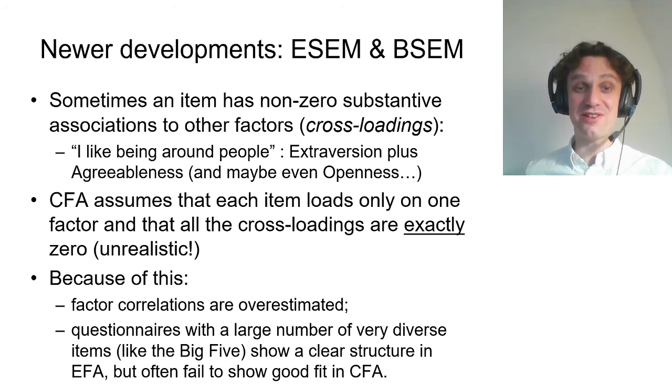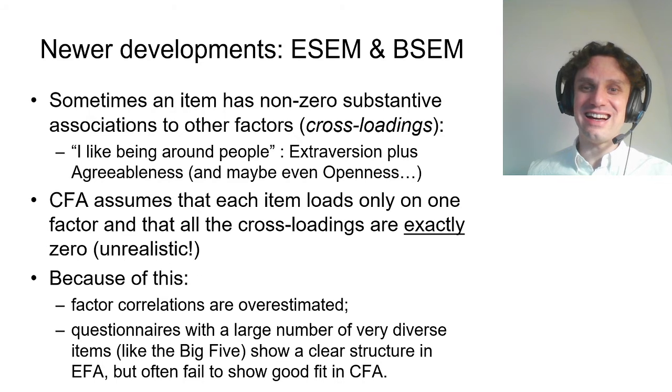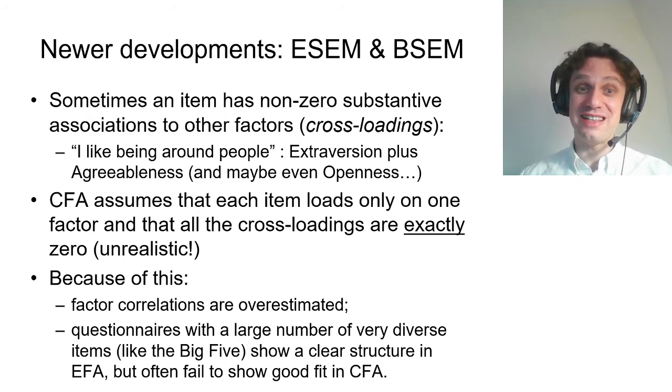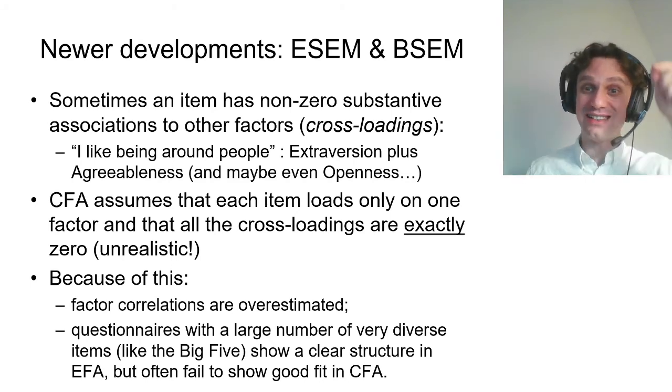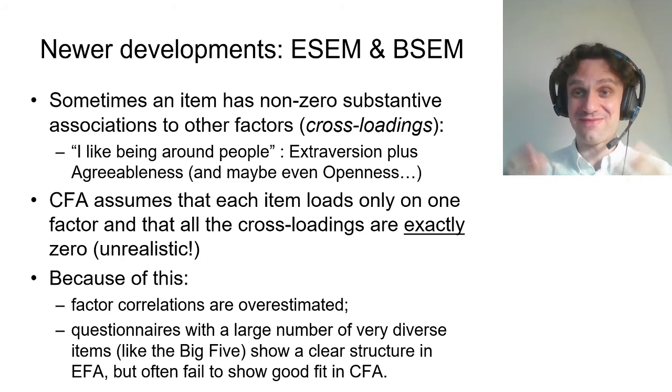And if you apply confirmatory factor analysis to such a data set, CFA will impose its unrealistic assumption that all the cross-loadings are zero. Only the loadings that are present in the model are statistically non-zero. But in fact, this assumption is unrealistic, as is argued by many authors.